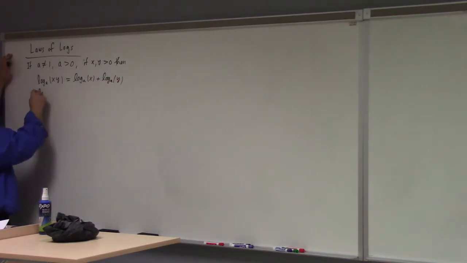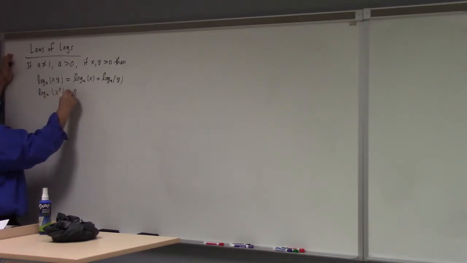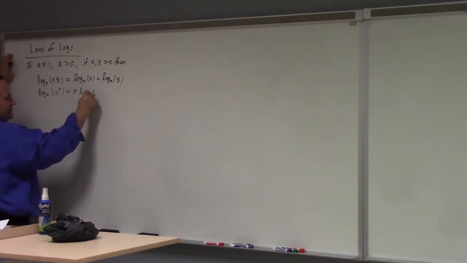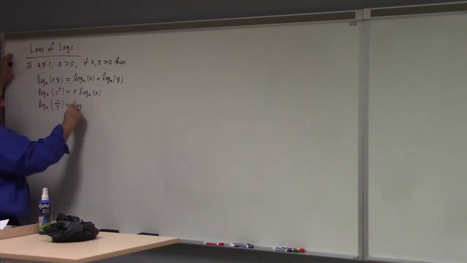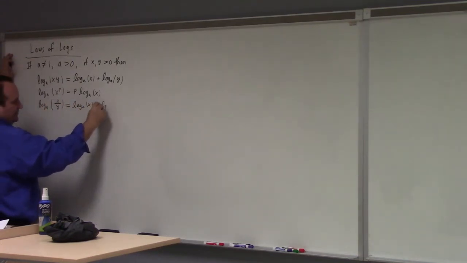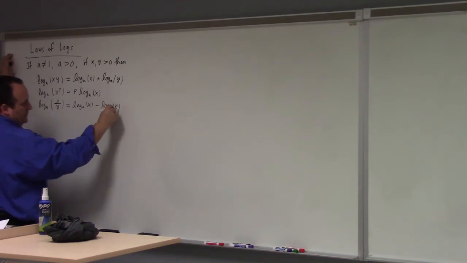We also have that log base a of x to the power p is equal to p times log base a of x. And last but not least, we have the log base a of x over y is log base a of x minus log base a of y.